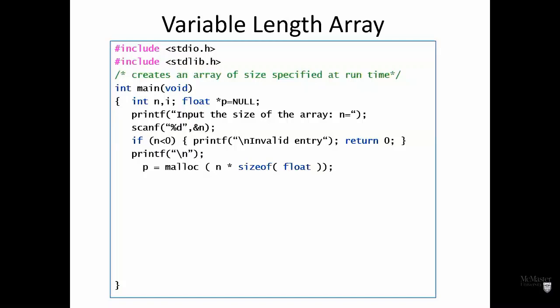It can take an array, it can take a variable, and it returns the number of memory bytes that are allocated to this type. So for example, sizeof float can be 4 bytes or 8 bytes, right? And then multiply this by the number of entries. This is how big a chunk of memory I need to reserve for that array, right?